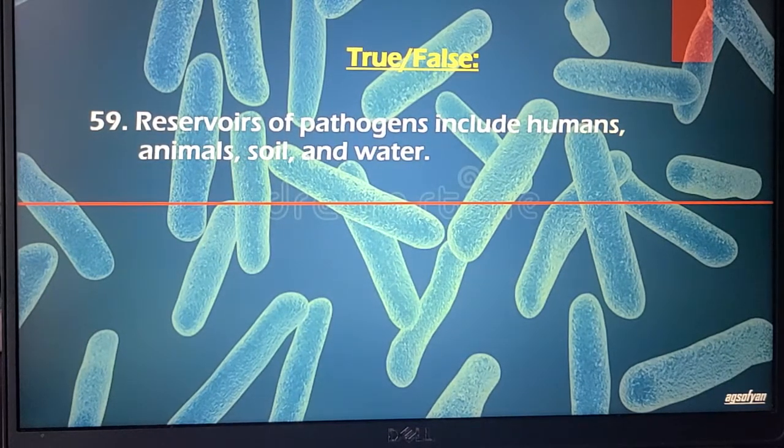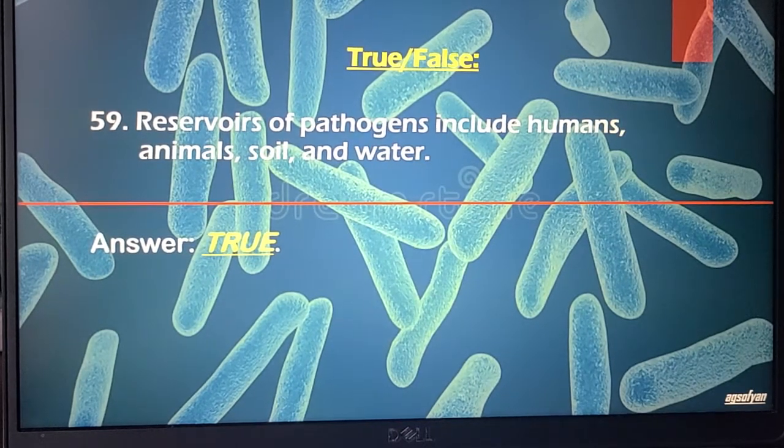Number 59, true or false? Reservoirs of pathogens include humans, animals, soil, and water. True or false? Yes, it is true. Any place, including humans, animals, soil, or water, can be the reservoir for some disease. For example, the reservoir for COVID-19 will be wild animals like bats or some mammals.